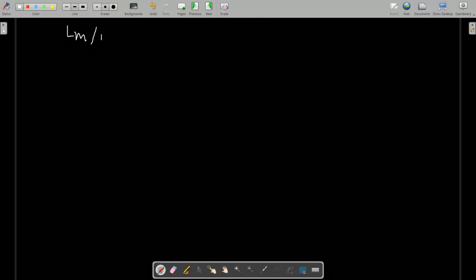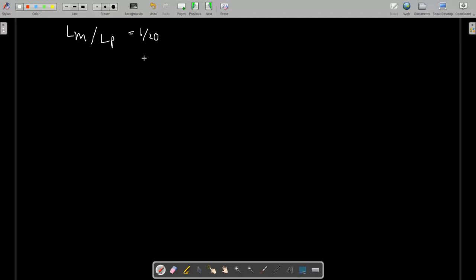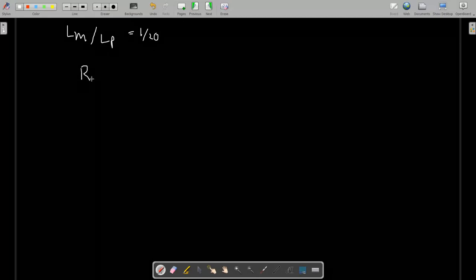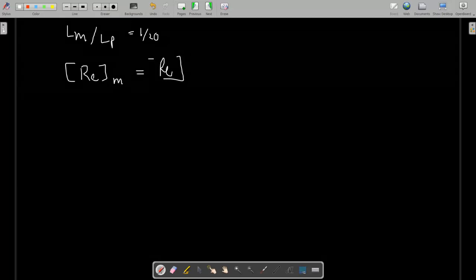So we will start the numerical. We have the length of model divided by length of prototype. The length ratio is 1:20. We know that in Reynolds model law, the Reynolds number of model is the same as the Reynolds number of prototype.